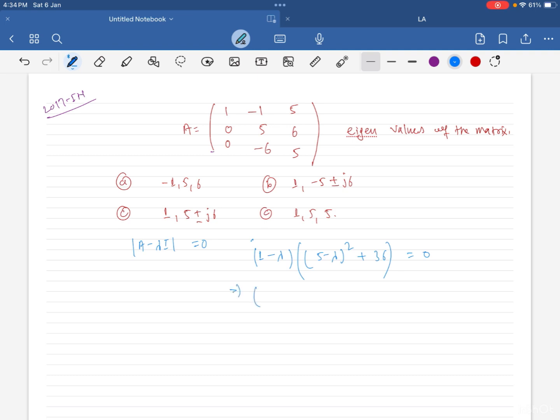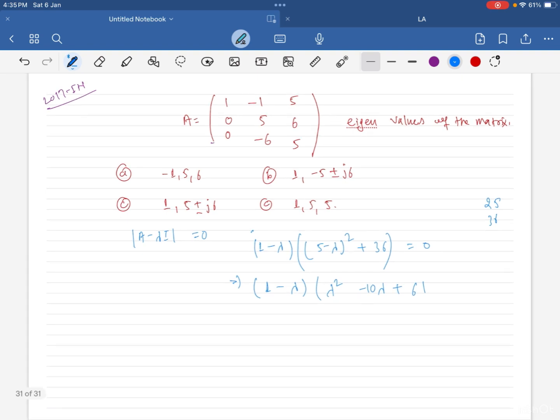From here we can say 1 minus lambda into lambda squared, minus 10 lambda, and plus 25 and 36, that is 61, right?